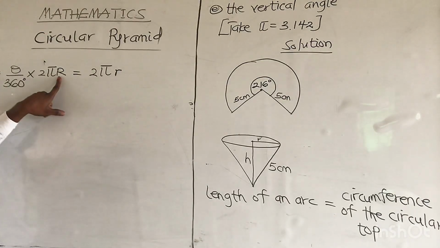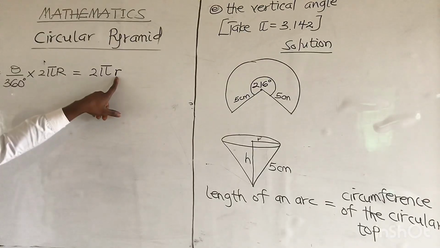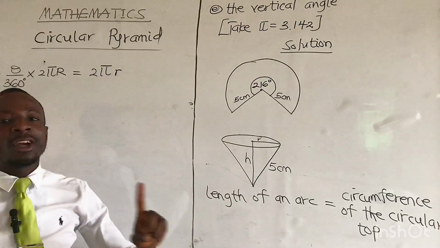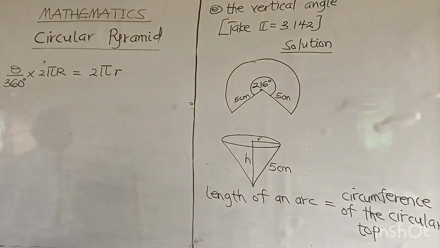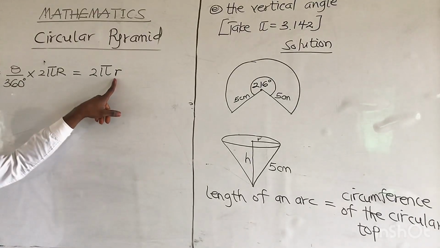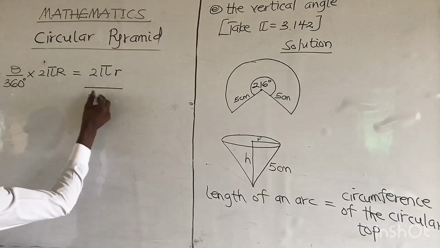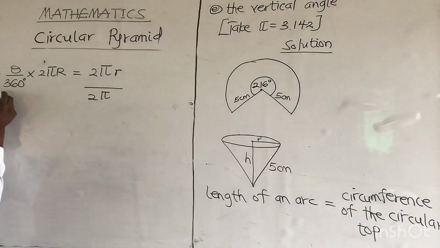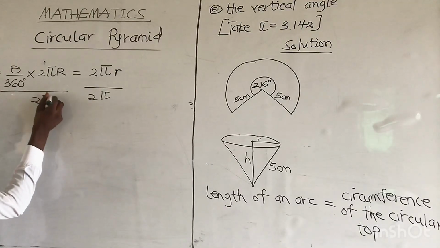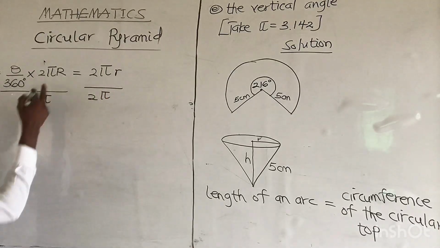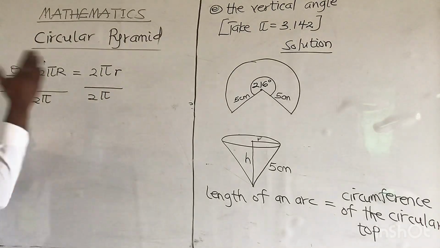Now I have made this one a capital R and this one a small r, so that there will be no confusion. Now from here, I can make this small r the subject, because I can divide this side by 2 pi and divide this whole part by 2 pi, because 2 pi and 2 pi are common on both sides.